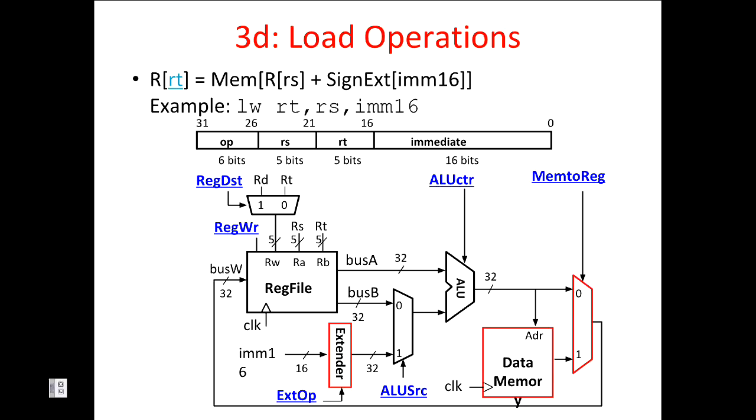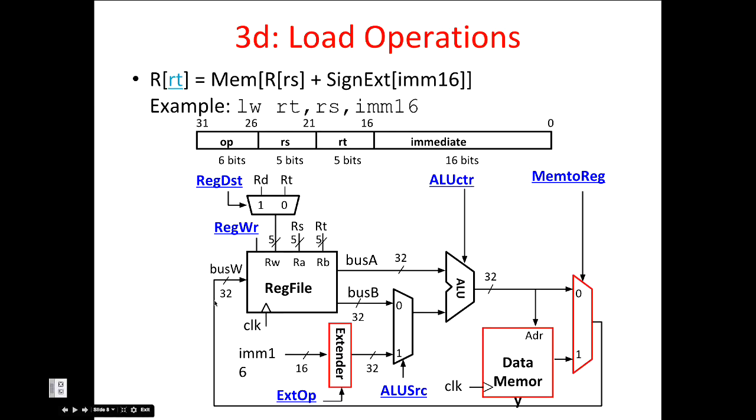You're given these 3 ports, the RW, and the RA and the RB ports. These are 5-bit inputs, where you specify, in RW, you put in the register number to which you want to write. Once you've specified that, and RegWrite, this control input, if that's a 1, then whatever's on bus W, the write bus, will get written.